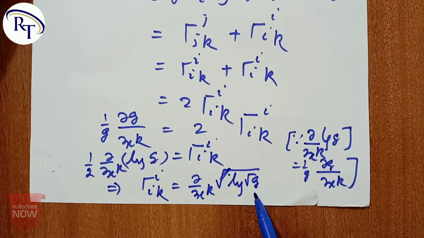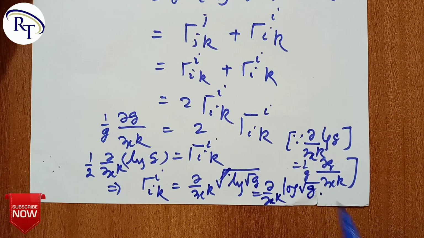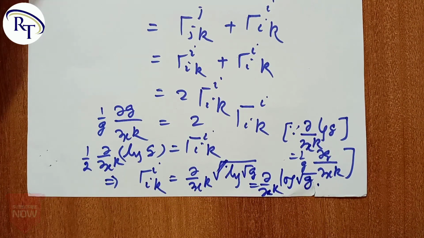Okay, and hence proved. If g is negative, then we take minus g. And hence proved.